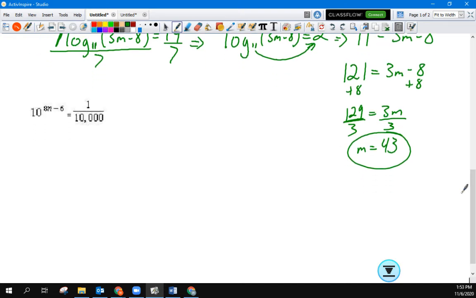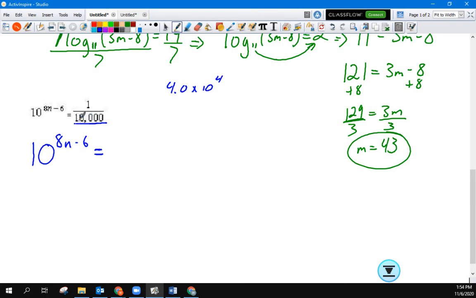So the last one, okay, the last one, you really have to kind of see it. 10,000, this number right here, that's really 10 to some power. Like in science, you learn significant digits, and when you do that, you have like 4.0 times 10 to the 4th power, and that just basically means you move zeros.